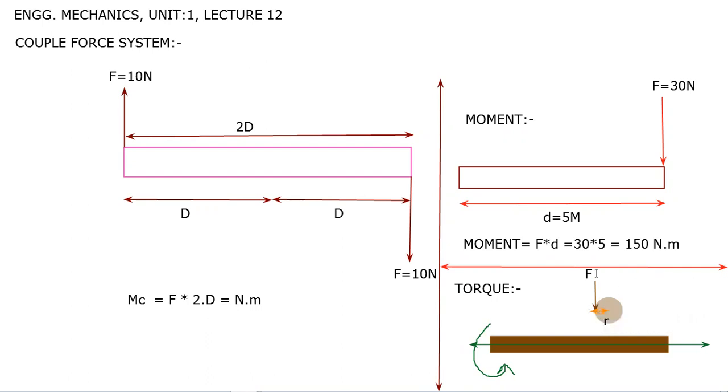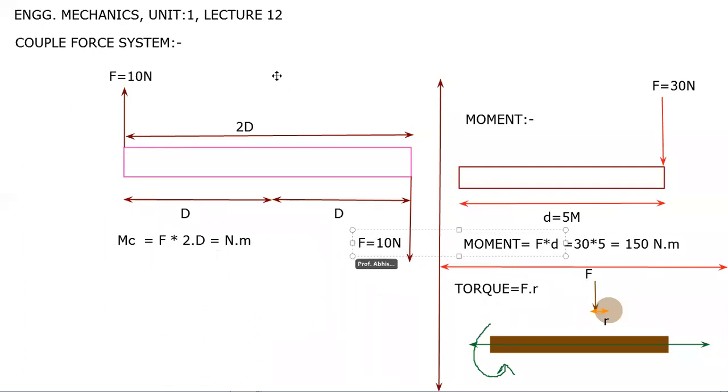Therefore your torque will be equal to F multiplied by r. This will be your torque in this case. I hope you get to know the difference between these two things.